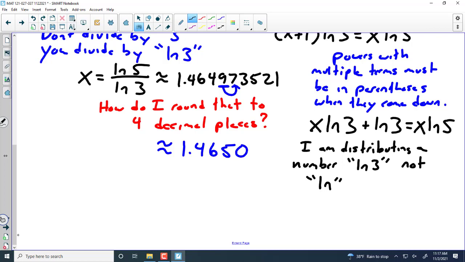What am I trying to do here? I forget what I'm even trying to do in this problem. I'm trying to solve for what? X. Let's get both the x's on the same side of the equation.